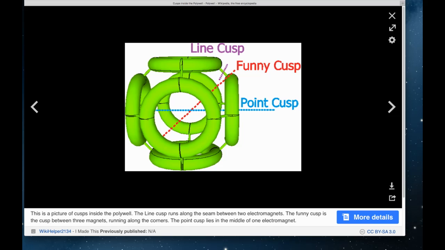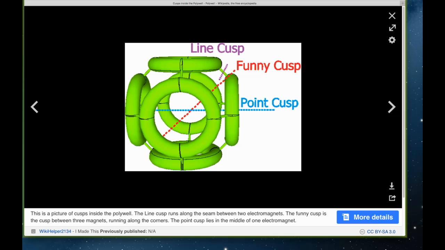Okay, good. The line cusp is just like the polywell. Right. So they have these three different cusps, they call it. I guess that's where you would have weaknesses or strengths of the electromagnets. One's called a funny cusp, which runs diagonal through these units.